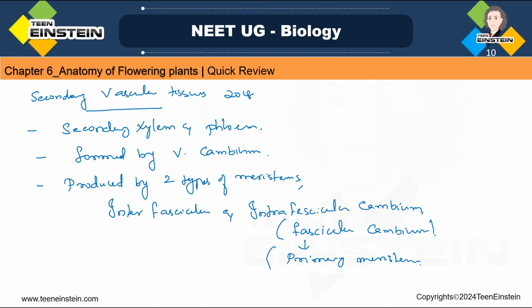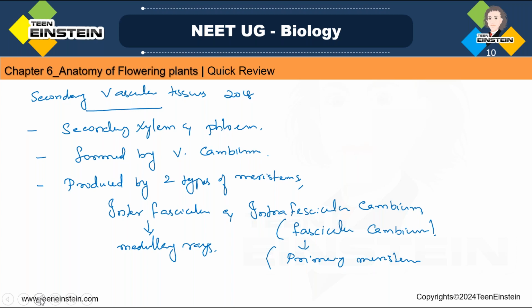And the interfascicular cambium arises secondarily from the cells of medullary rays. With the help of a diagram, if we learn, it will be very easy for you. There won't be any confusion.